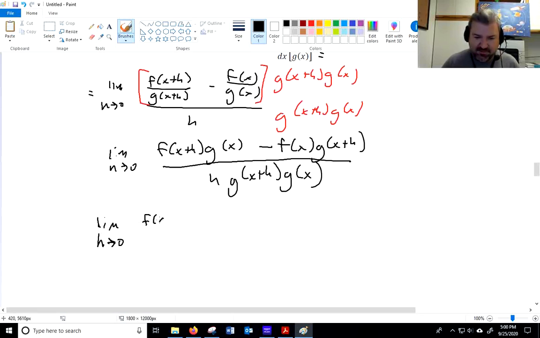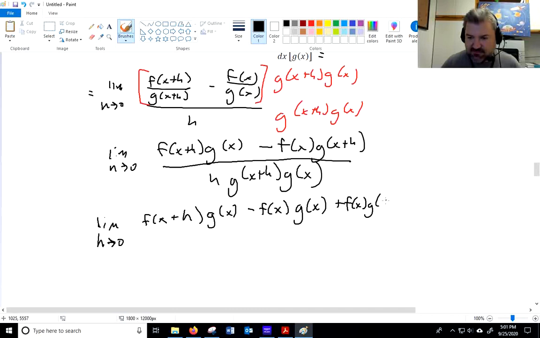But at some point, someone, perhaps Isaac Newton or Gottfried Leibniz, was very clever, and they suggested doing this, right? And with enough time and effort, maybe we could figure it out too. But I already know the answer, so I'm going to do it. So I'm going to add and subtract f of x times g of x. Okay, and I'm going to do this because it gets me what I need, and it will make sense.